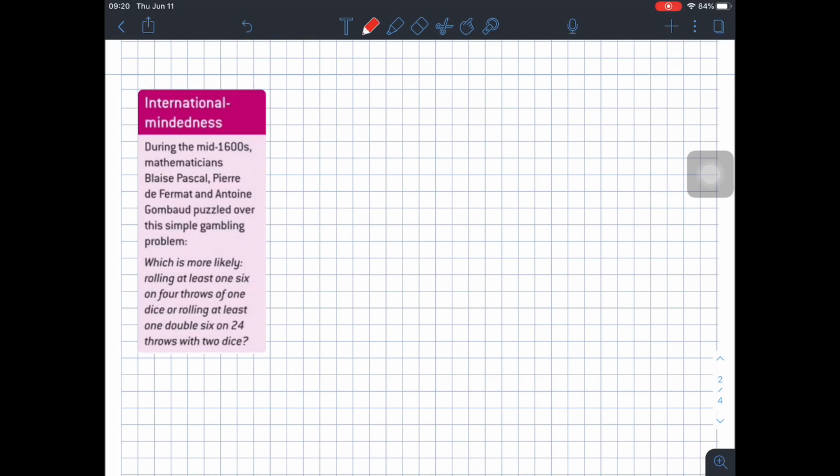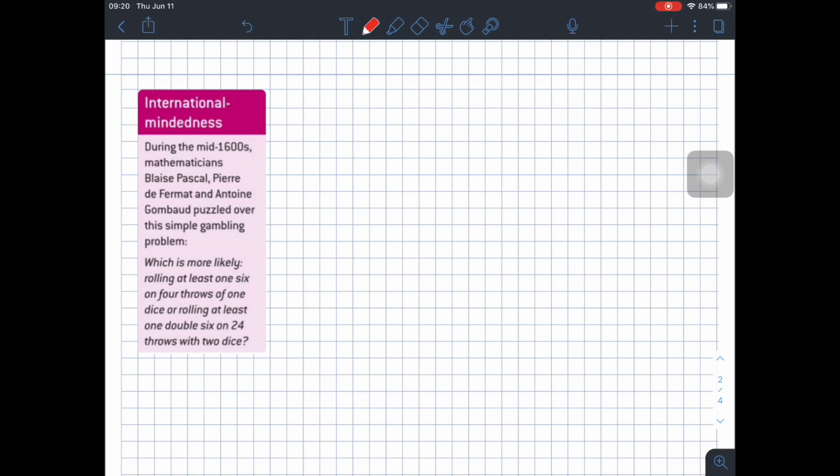Which is more likely, rolling at least one six on 4 throws of 1 die, or rolling at least one six on 24 throws with 2 dice? Okay, which one do you think is more likely to occur?